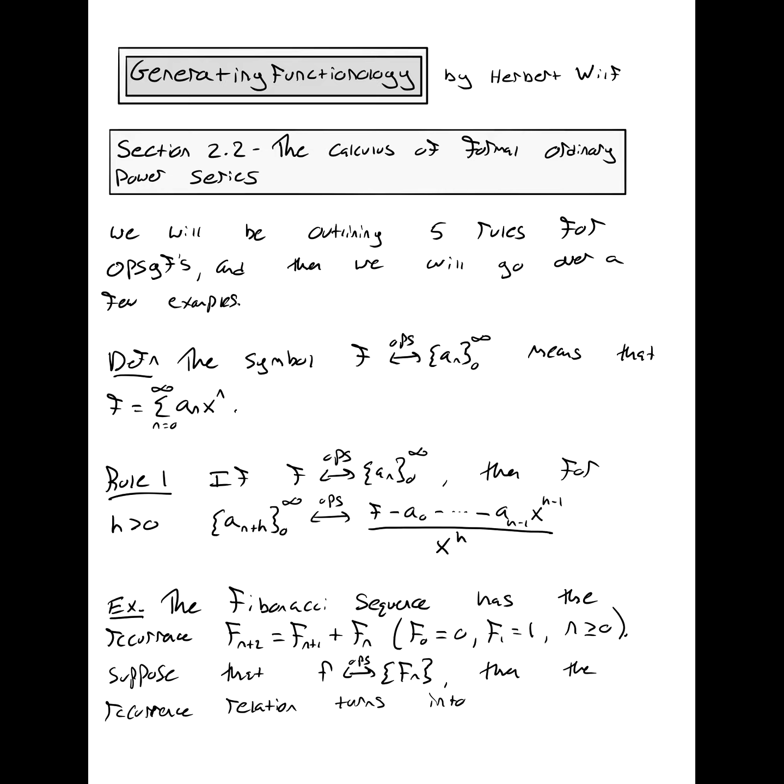So all this says is that when h is equal to 2, then the ordinary power series is going to look like f minus a sub 0, which in our case is f sub 0, which is equal to 0. And we also need to subtract off f sub 1, which is 1.